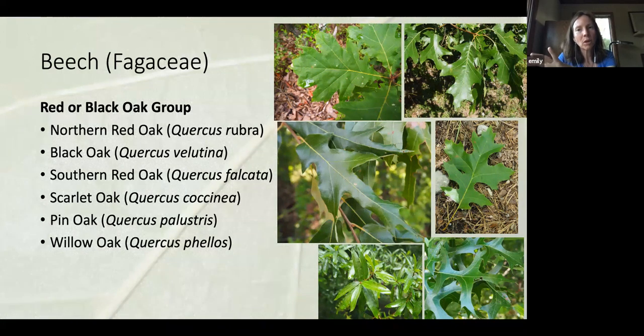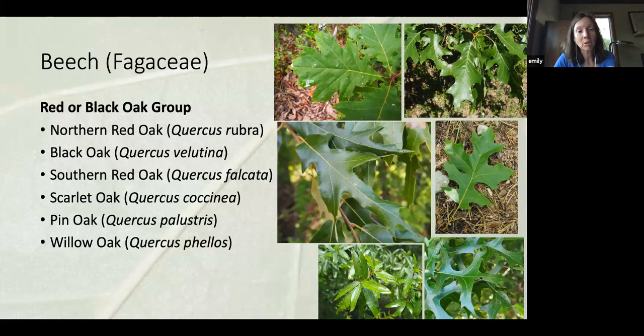So this is where we want to make sure we're really careful about oaks. When you look at an oak leaf, depending where you are looking at that leaf on that tree depends on what it looks like. So I could see this northern red oak leaf at the bottom of a pin oak, or even on a scarlet oak or a southern red oak, because at that low level on a tree, it's in the shade and it's doing everything in its power to get sun.